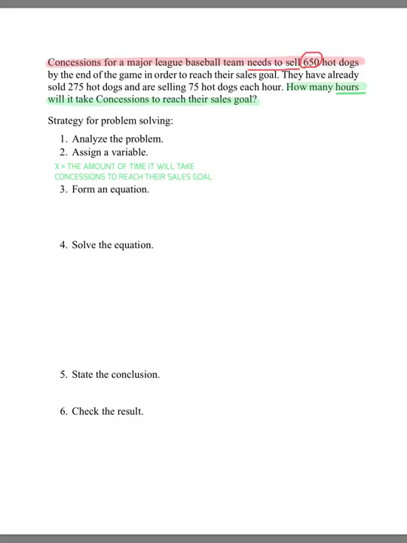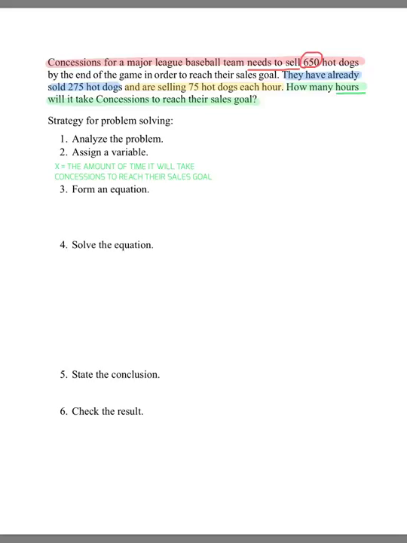And now rereading the second sentence, they said that they have already sold 275 hot dogs and are selling 75 hot dogs each hour. So what they've already sold is 275.